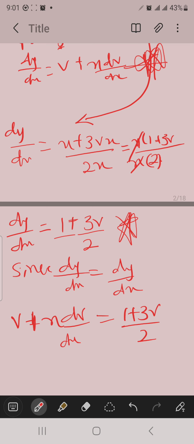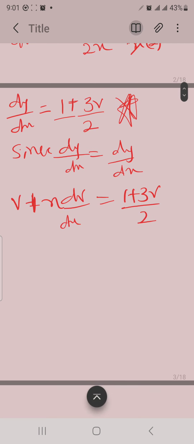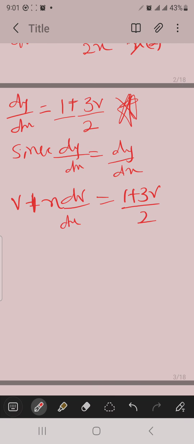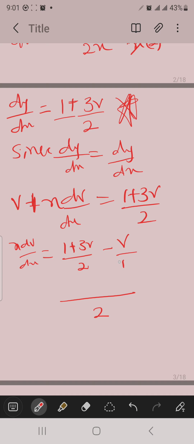Now, let's start solving the question. You can see that v is here, so let's move v over. This gives x dv/dx equals (1 plus 3v) over 2 minus v over 1. The LCM here is going to be 2, so we have 1 plus 3v minus 2v.